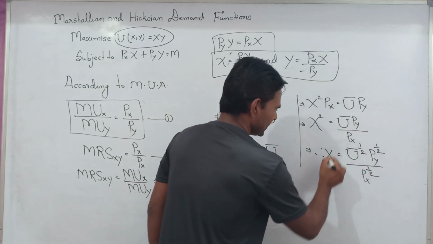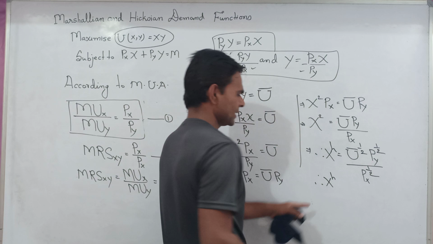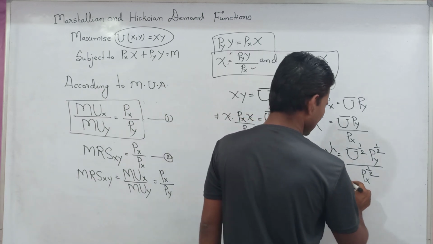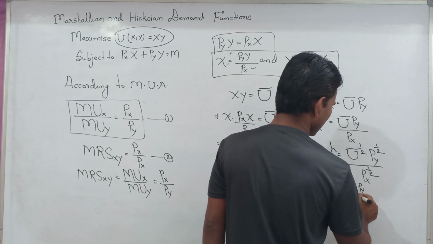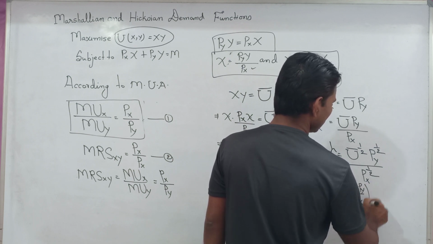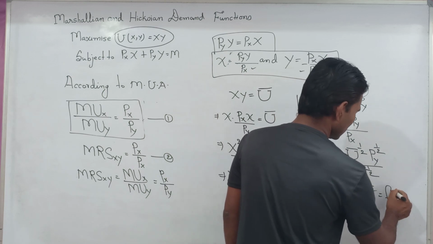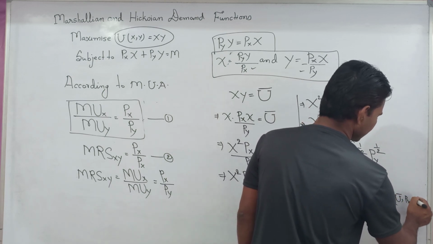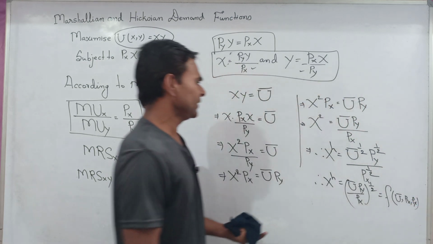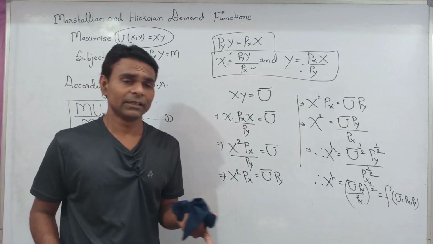It can be written as xh, the Hicksian demand function for commodity x, equal to fixed level of utility times price of y by price of x, whole power 1 by 2, which is a function of fixed level of utility and prices of commodities. Similarly, we can get the Hicksian demand function for commodity y.